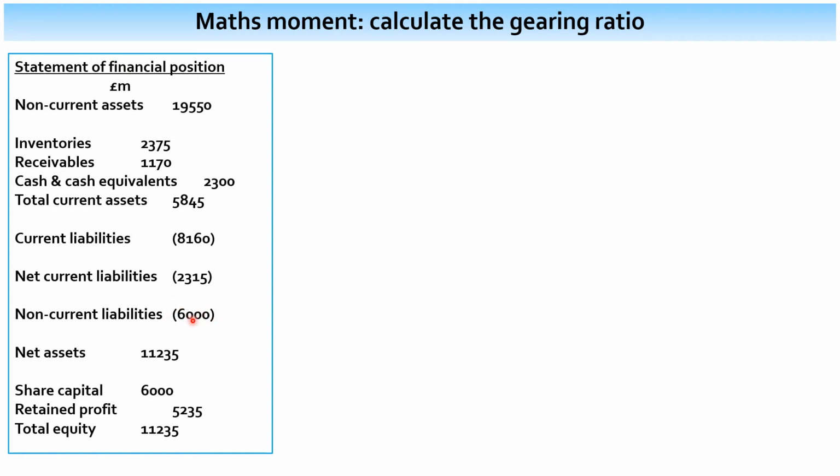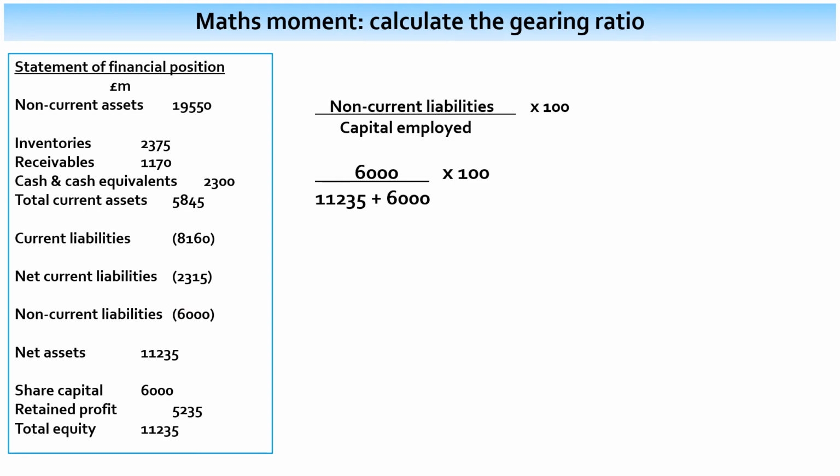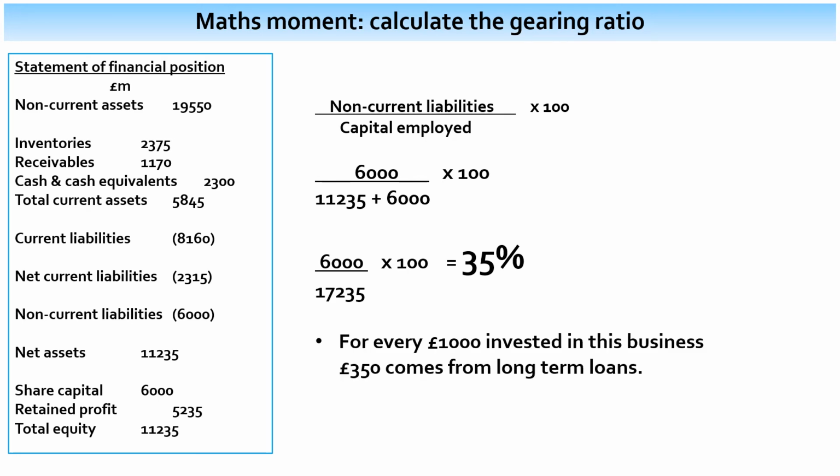And our capital employed is the total equity, 11,235, plus the 6,000. So here's our formula. We find our information, perform the calculation, and the gearing of this business is 35%. That tells us for every £1,000 that's been invested in this business, £350 has come from long-term loans.